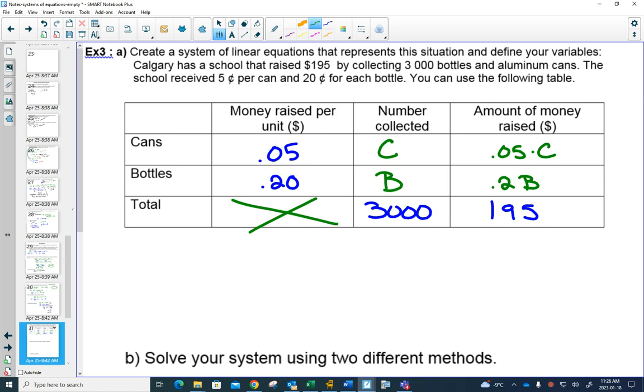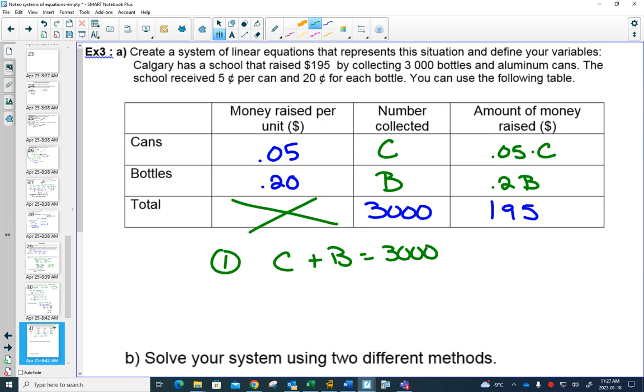The chart is nice because the chart might help us make a system of equations. However, you might have been able to do it without the chart. So sometimes if a question doesn't give you a chart like this, you may or may not need to write it down. In other words, can you see from the chart that if we collected C cans and B bottles and there was 3,000 in total, equation 1 is C plus B equals 3,000? Would you have needed a chart?